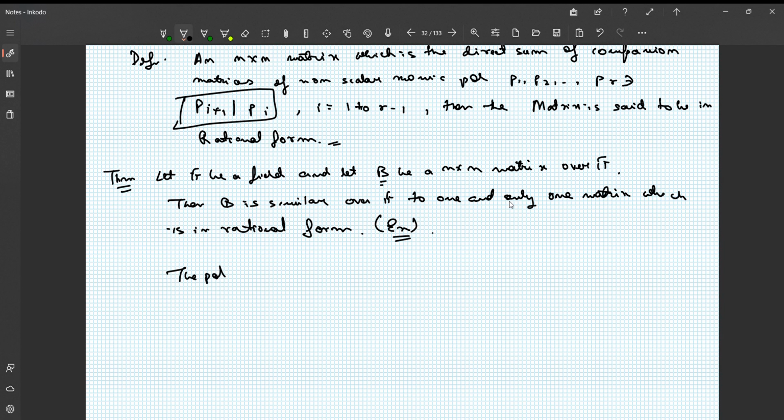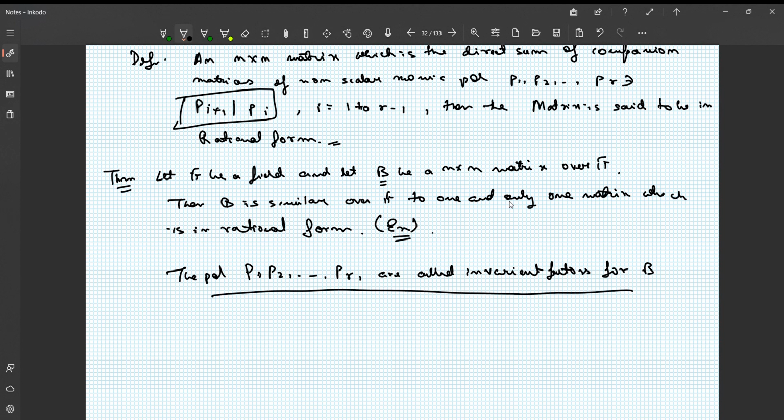The polynomials p1, p2 till pr, which give the rational form, are called the invariant factors for B. And we will later give an algorithm to find the invariant factors. Clear?